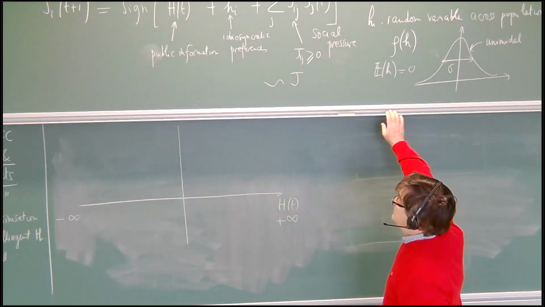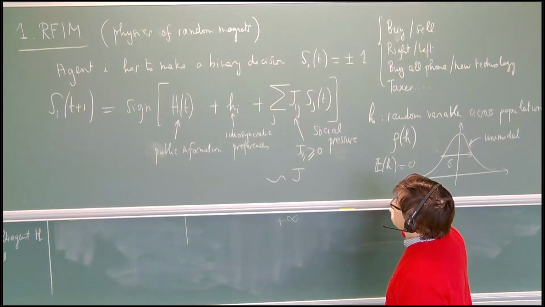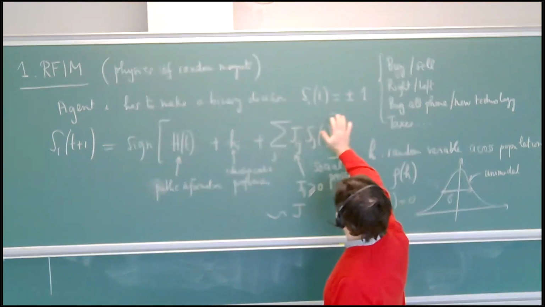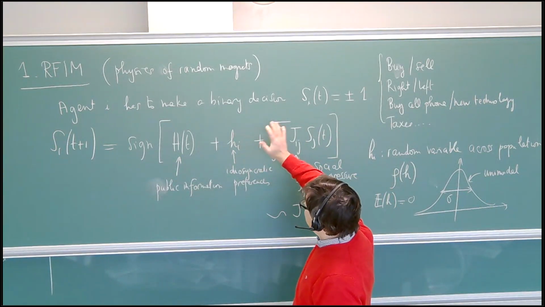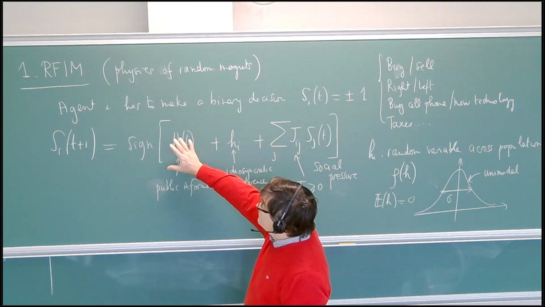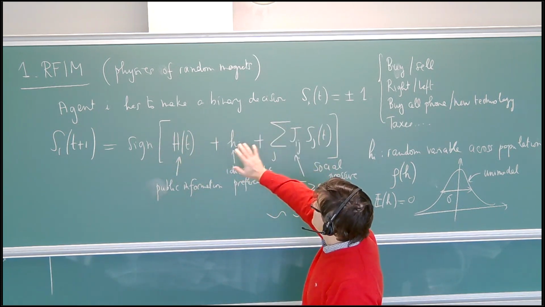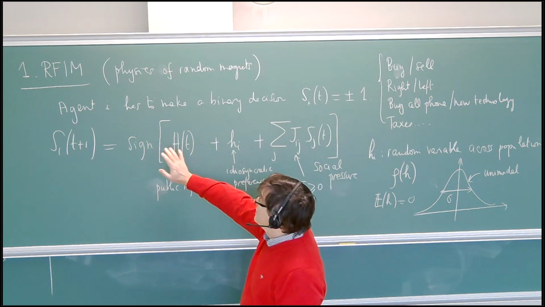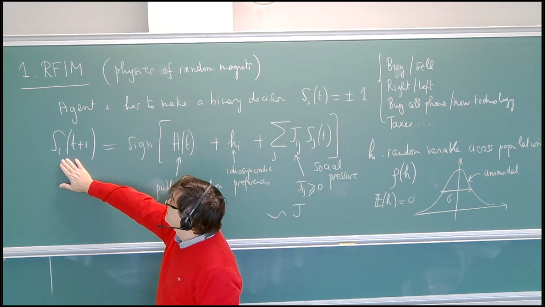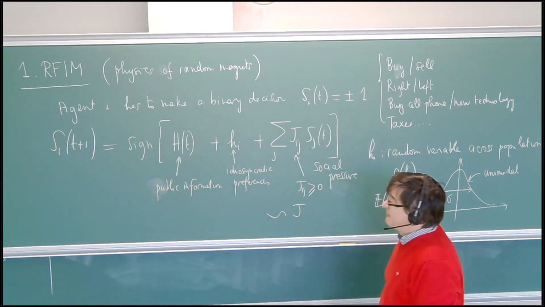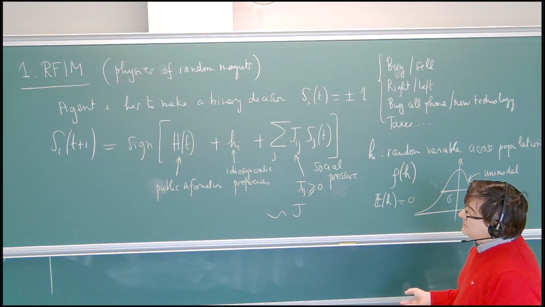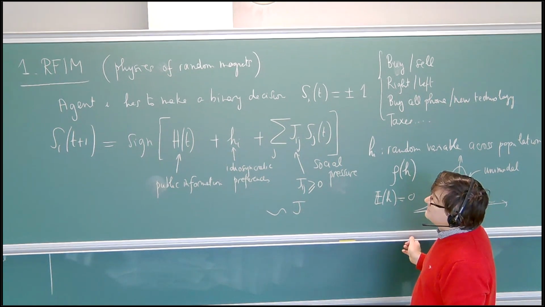So if you look at this equation here, it means that whatever the social pressure and idiosyncratic preferences, when h goes to minus infinity, these two terms are negligible, and therefore everybody takes the decision -1. Okay, so everybody is staying on the sidelines, if you want.